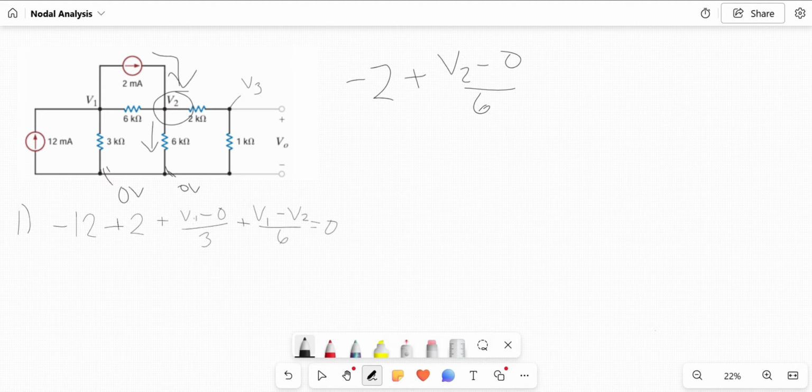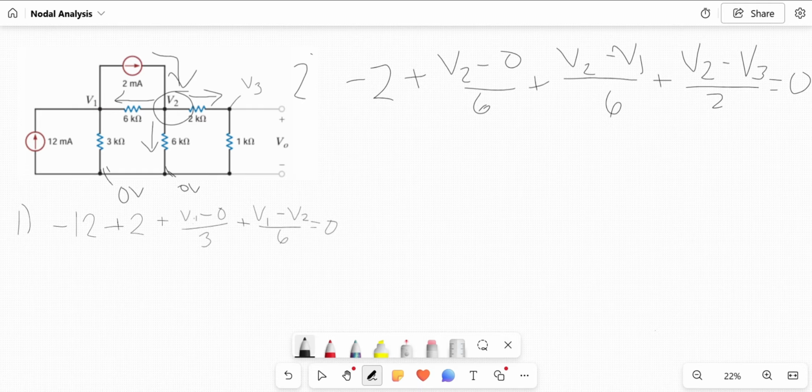Since V2 is our reference for this, the current will be going this way for this equation, so our equation will be V2 minus V1 over 6. And the last one, for the 2 kiloohm, our current will be going that way from V2, so our equation will be plus V2 minus V3 over 2 equals 0. This is our second equation.